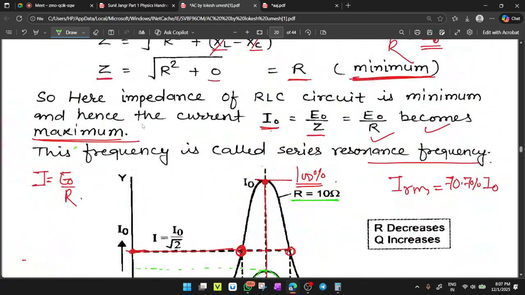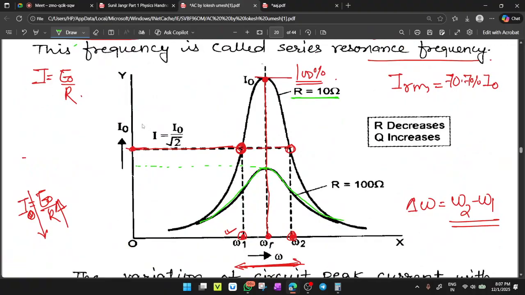Means at a value less than omega R, your current will be of lesser amount, and greater than omega R, your current is also of lesser amount. Clear?